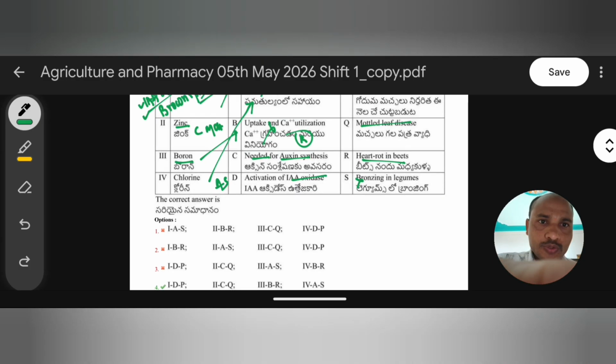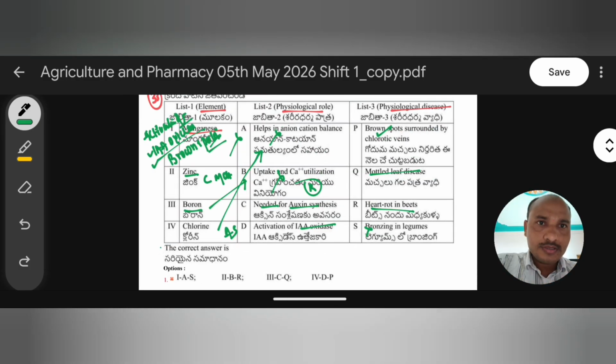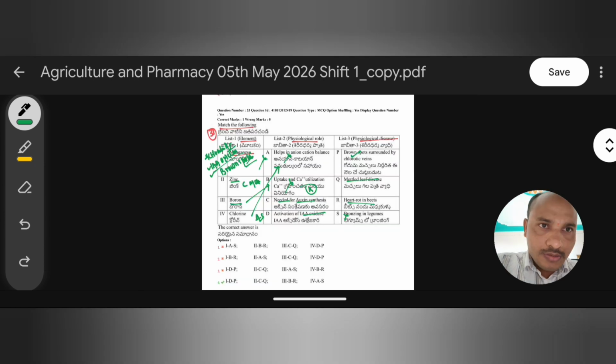So we have to choose. One is D and P. Manganese: D is the activator of indole acetic acid oxidase, and P is brown spot surrounded by chlorotic veins.